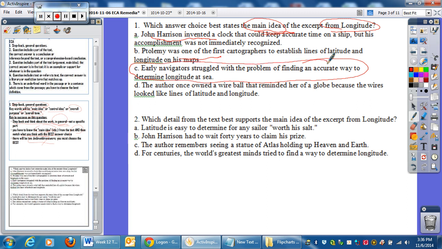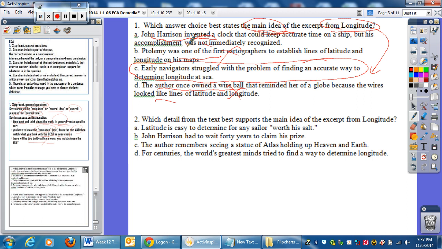Now, A, B, and D all happened in what we read today, but the best one is when we step away from it. The best answer was C. That means you have to have read something, and when they use words like main idea or overall purpose, the answer isn't going to be one of these little things inside of the text. It's going to be a big idea inside of the text.